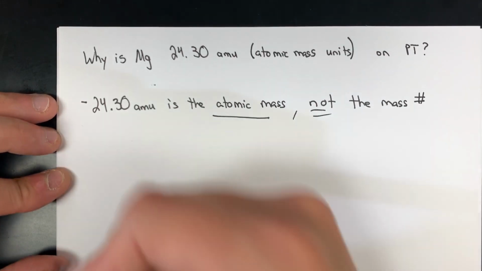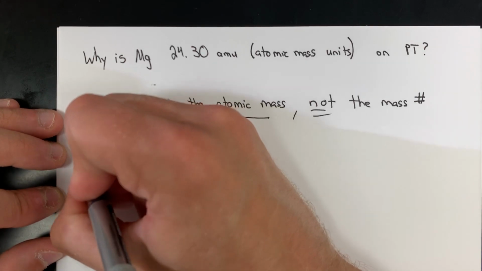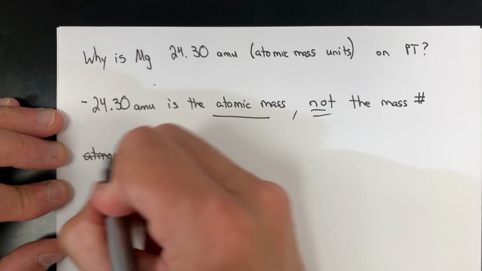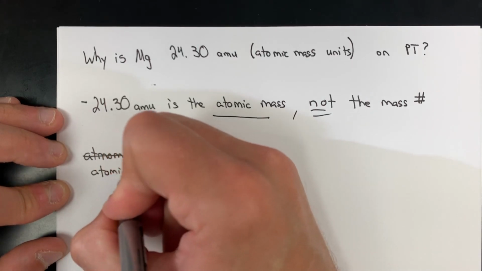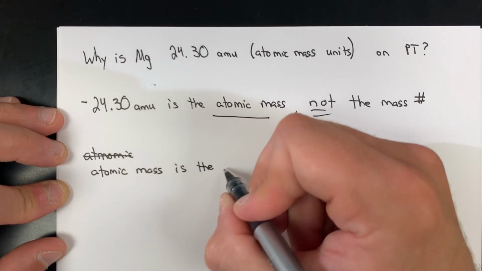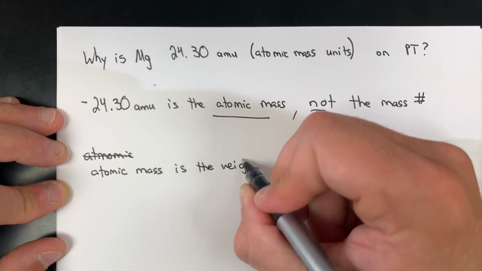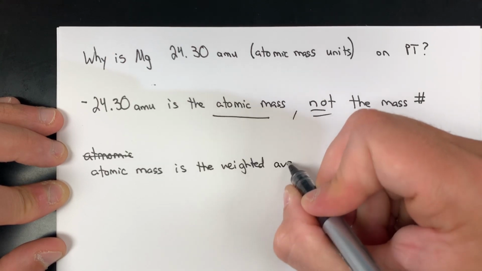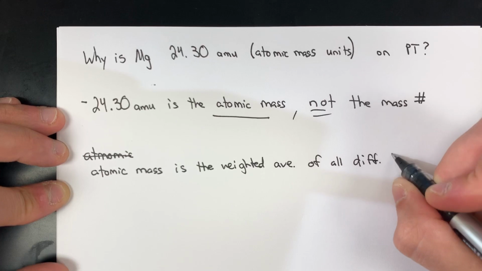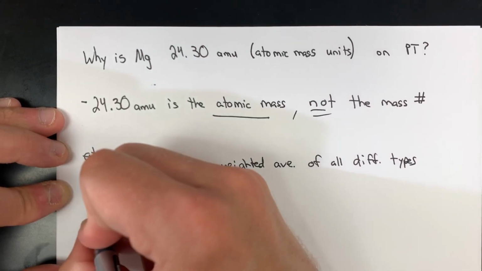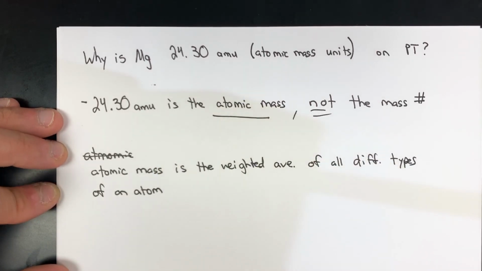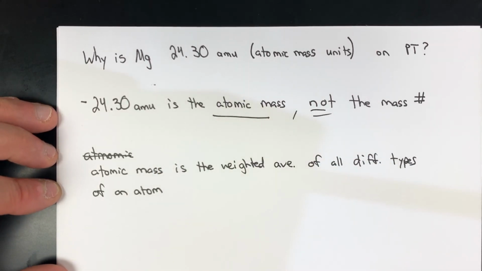And the idea here, so if we're just going to kind of quickly define these, we'll say that the atomic mass is the weighted average of all different types of an atom. Okay, so the atomic mass is the weighted average of all different types of an atom.